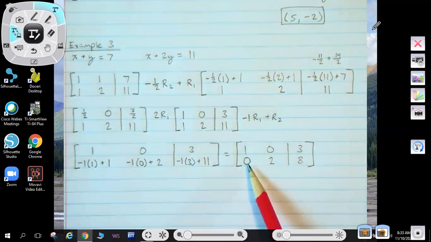Okay, so we changed this first number in the second row to a 0. Now we can move on to the next number.